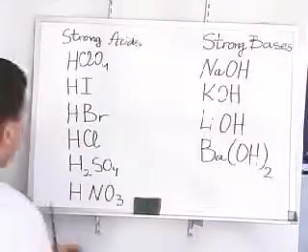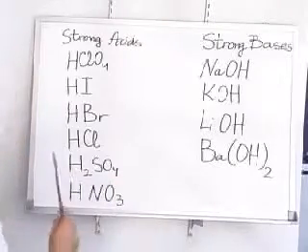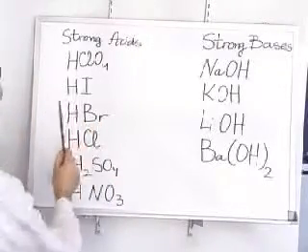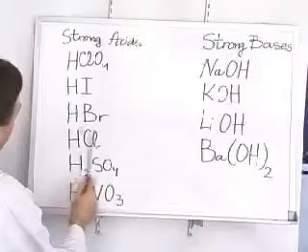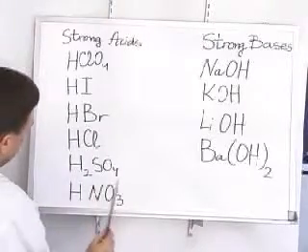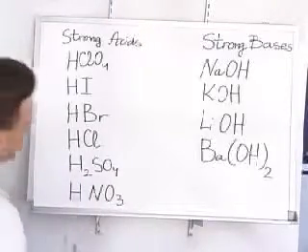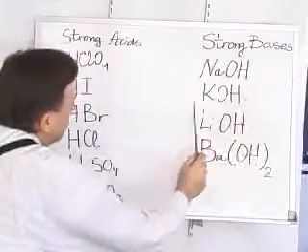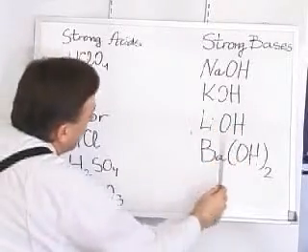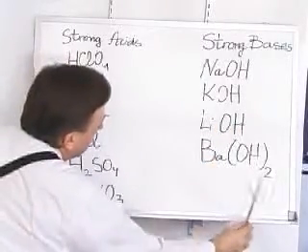These are the most widely used strong acids and strong bases: perchloric acid, hydroiodic, hydrobromic, hydrochloric, sulfuric acid, and nitric acid. And strong bases: sodium hydroxide, potassium hydroxide, lithium hydroxide, and barium hydroxide.